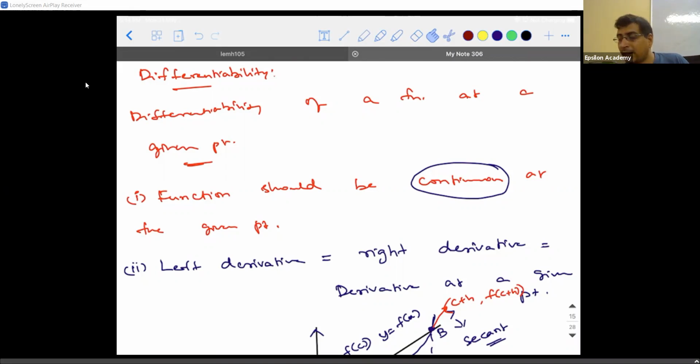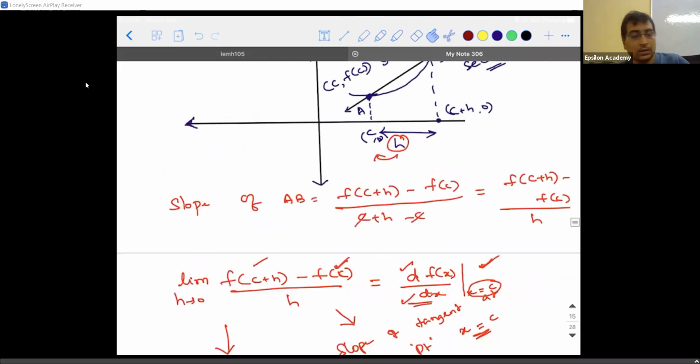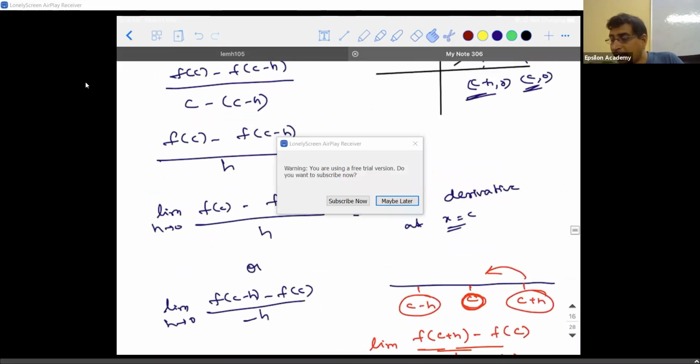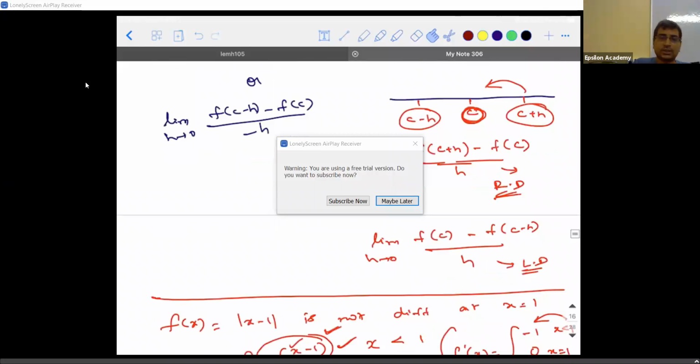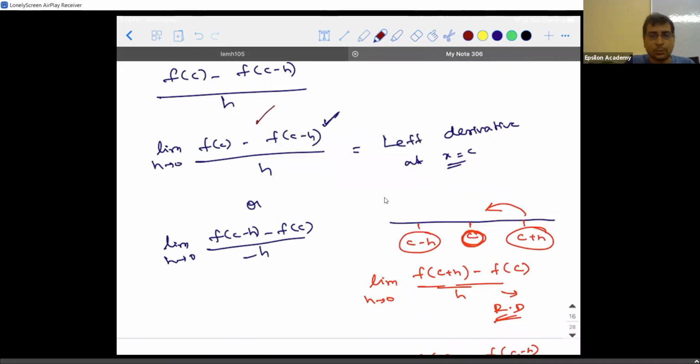So what do I mean by left derivative? Left derivative at point c is given by this value. I hope everybody has made a note of this. Limit h tends to 0, f of c minus f of c minus h, the whole divided by h, is the left derivative.